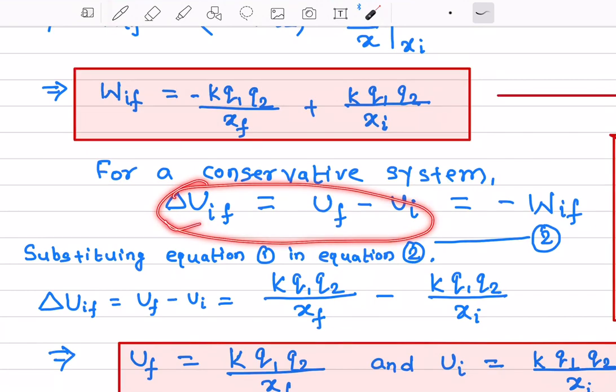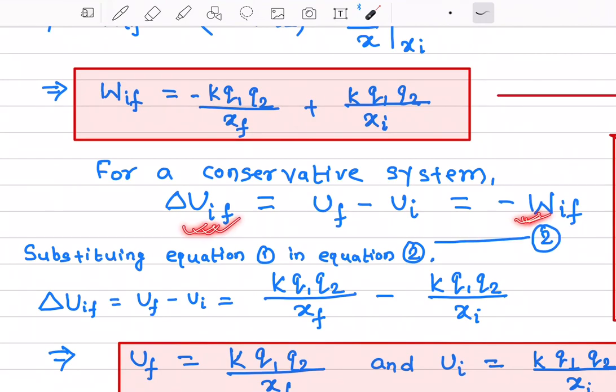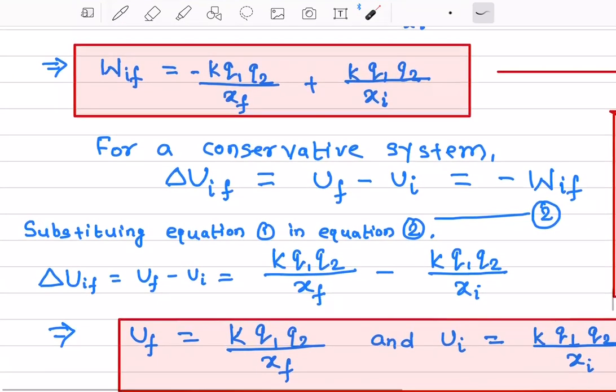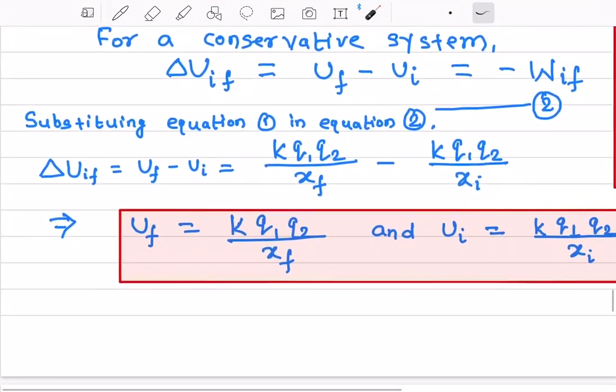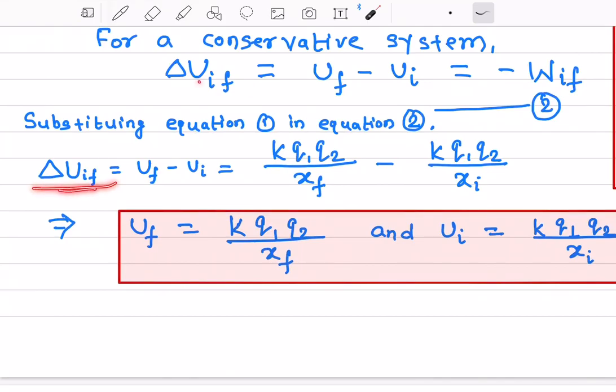And for a conservative system, the change in the potential energy is equal to the negative of the work done. So now we can find the change in the potential energy of the system, which is exactly equal to the negative of the work done.